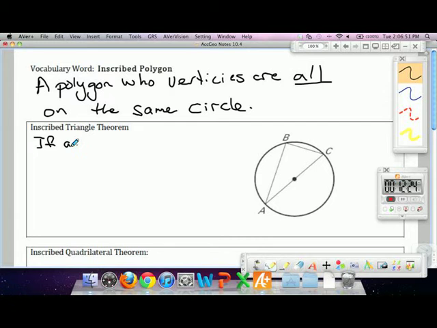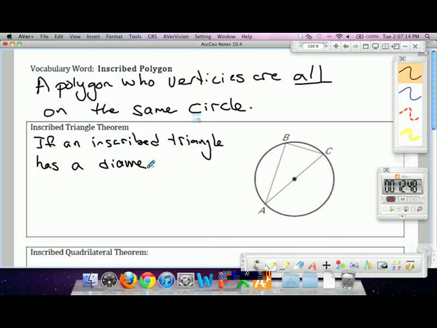If an inscribed triangle has a diameter for one side, then the following will be true.